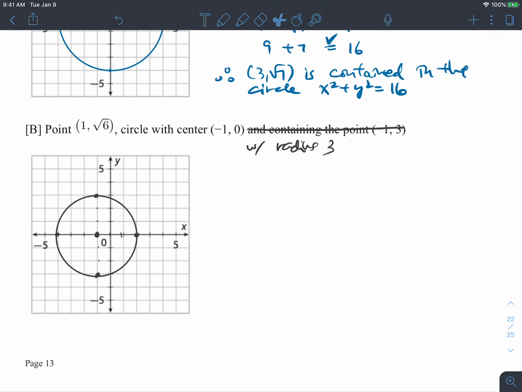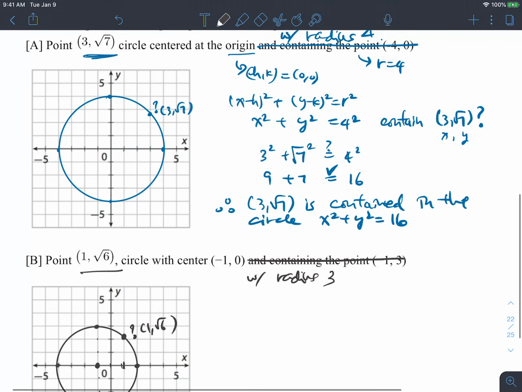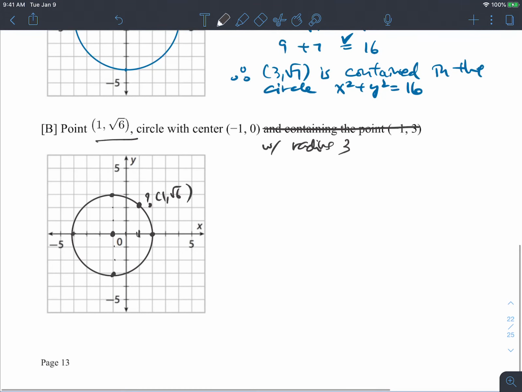All right, and the question is, right here on the circle, is that point (1, √6)? Because that's 1 right here, isn't it? Root 6. Okay, we should approximate that, should we? The way you would do that, 6 is between two perfect squares, 4 and 9. If I square root all of them, root 6 is between 2 and 3.